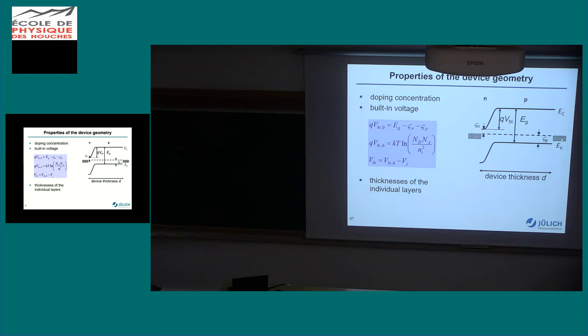So if you look at these two metal contacts, what is the situation? Exactly. The Fermi level is aligned, so there's no voltage. So still we're in the short circuit situation.